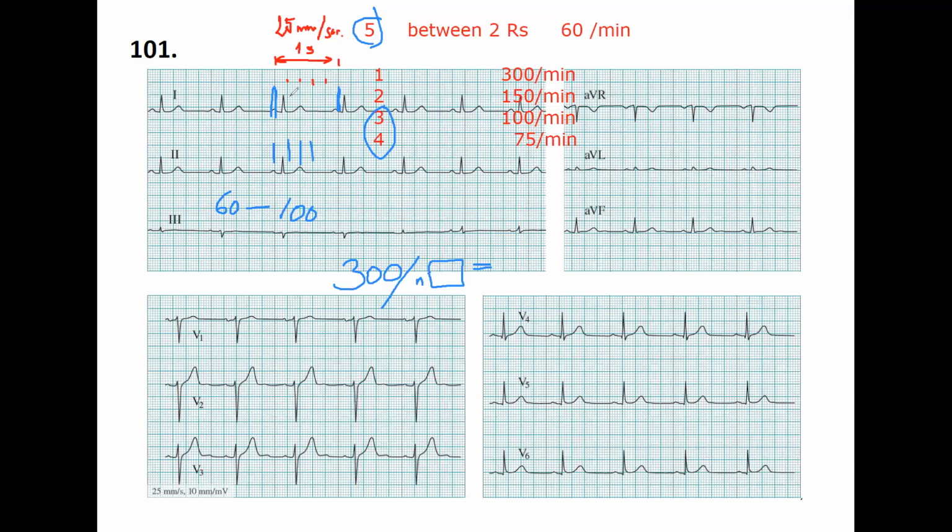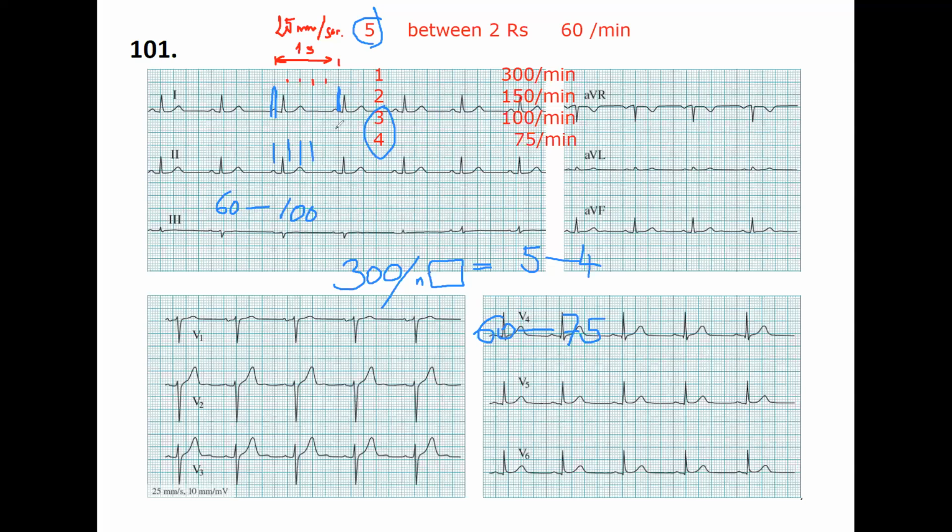That's between 4 and 5. So it means between 5 and 4. What does it mean? If we had 5, that beat should be 60, but because it's a little bit more than 4, the rate is between 60 and 75.